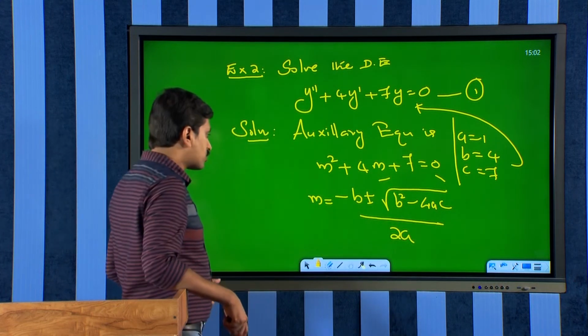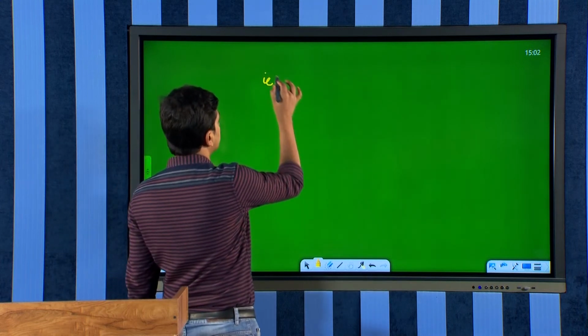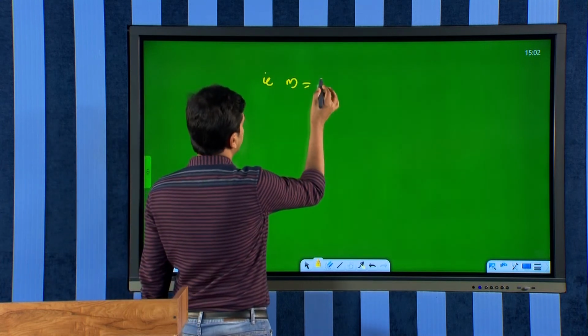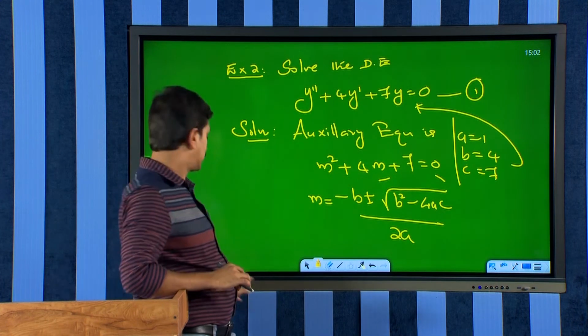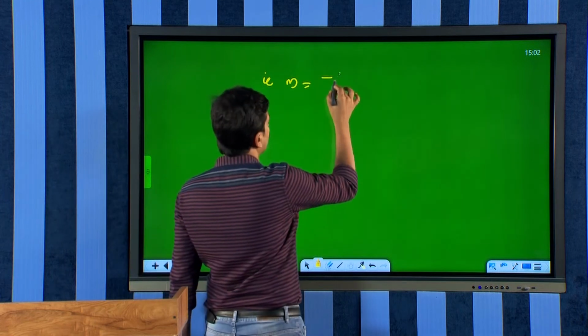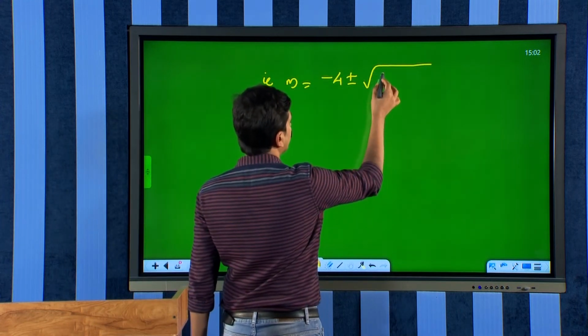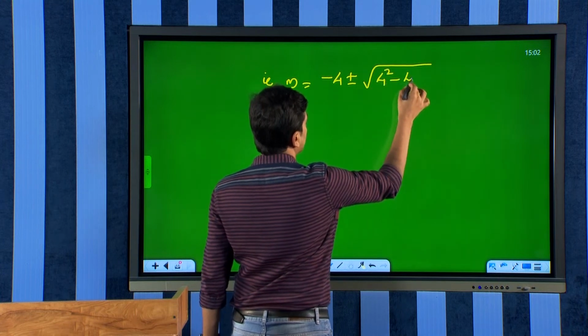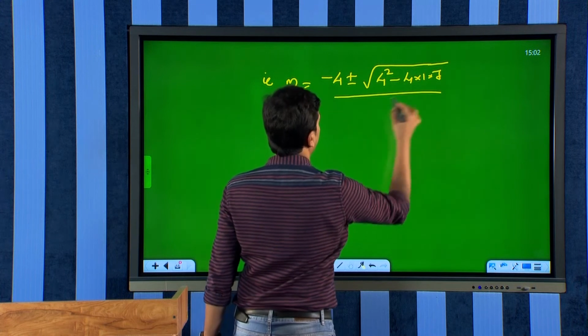Okay, fine. So, dear students, we can write m is equal to minus b, the value of minus 4, plus or minus root of b square, the value of b square is 4 square minus 4 into 1 into 7, divided by 2a.